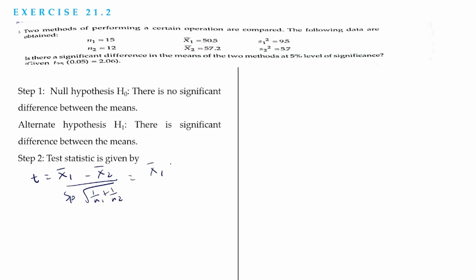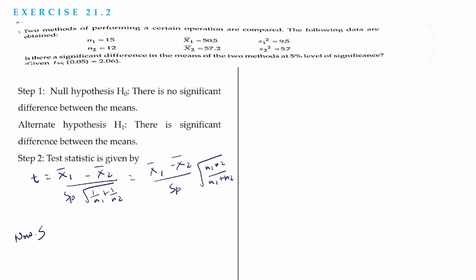So it is equal to x1 bar minus x2 bar upon Sp into root of n1 n2 upon n1 plus n2. Since everything is given in the notation that is required, I am not rewriting it here.